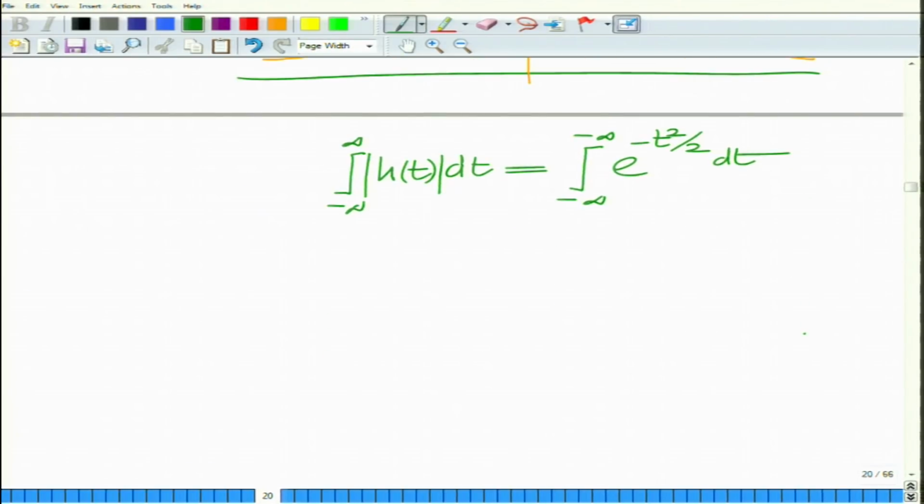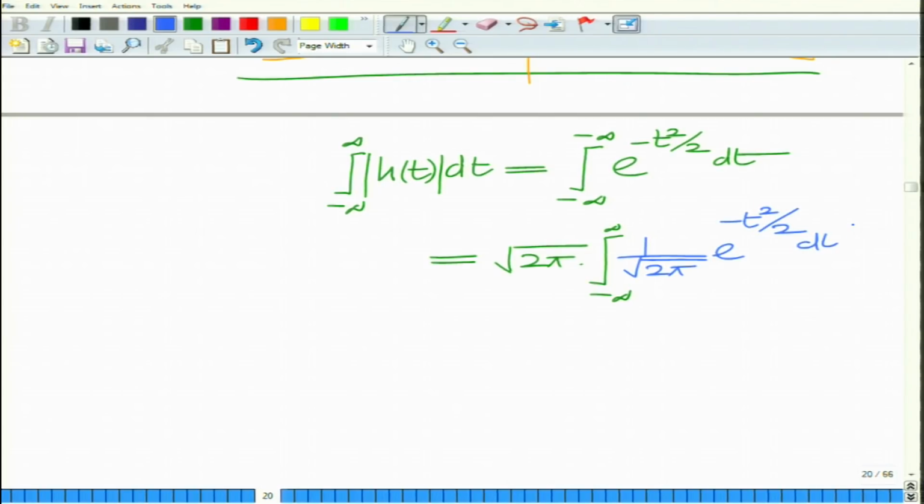Now, what I am going to do is multiply by square root of 2 pi, and this is the integral from minus infinity to infinity of 1 over square root of 2 pi e to the power of minus t square by 2.